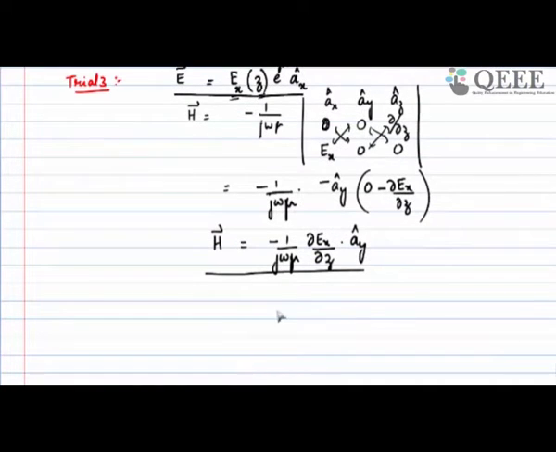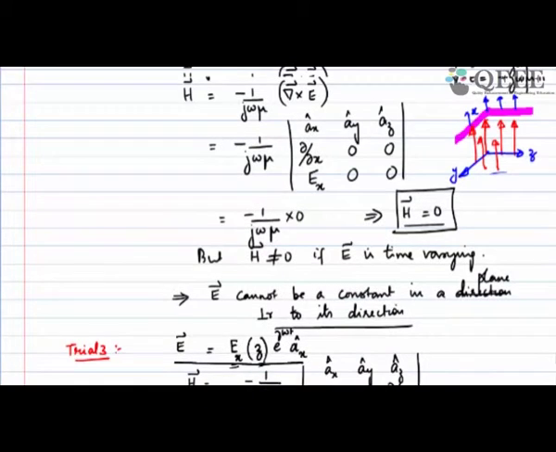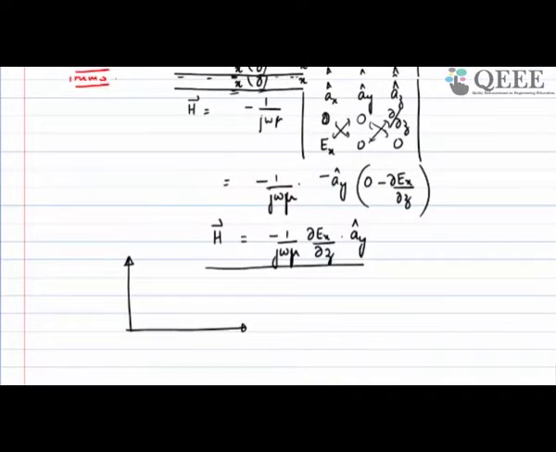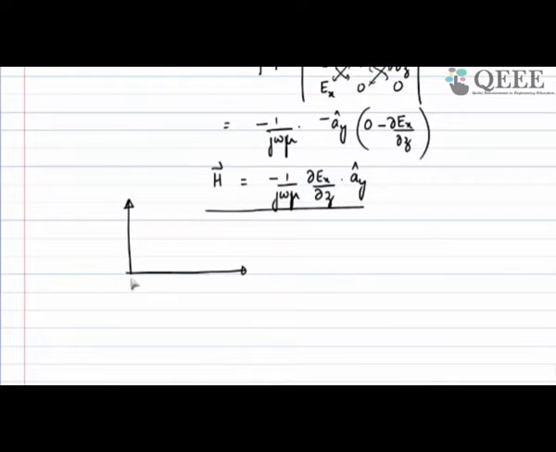What does this mean? It means that I have my x, y and z. Electric field is along the x direction is what I have assumed.